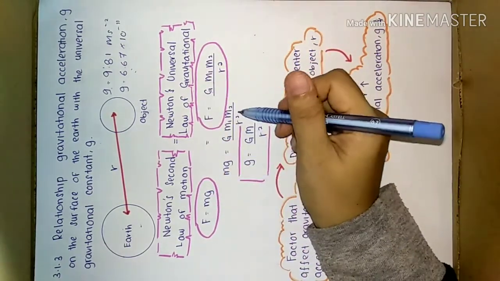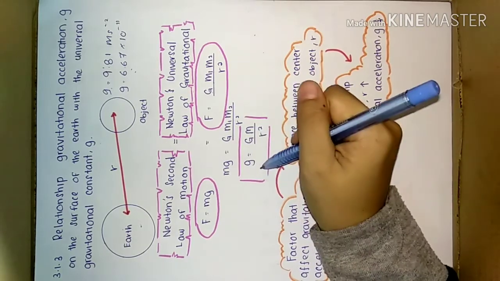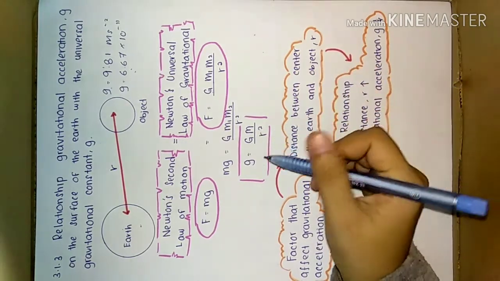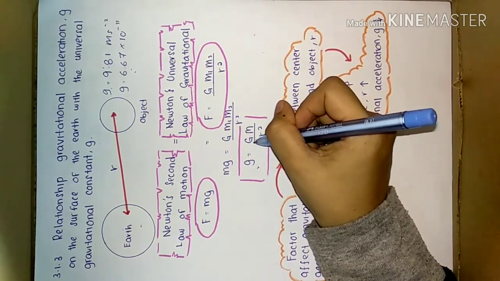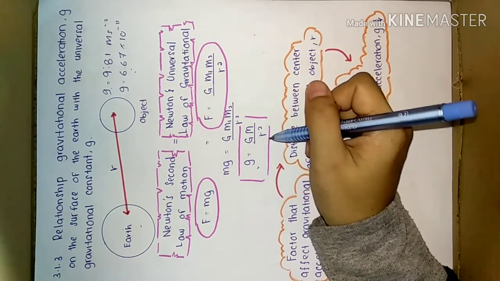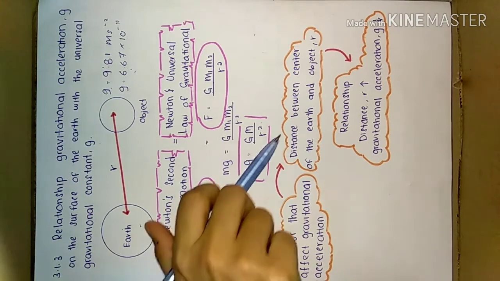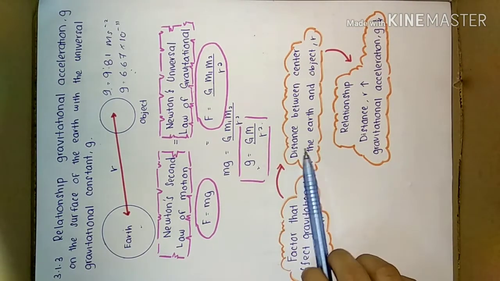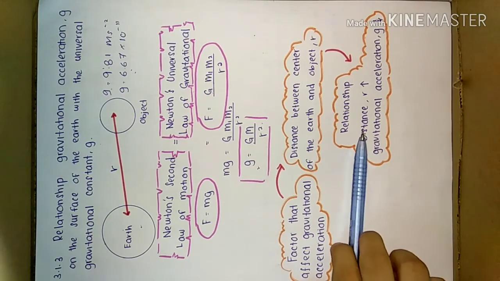Equating the two, mg equals G m1 m2 over r squared. So we get g equals G M, where M is the mass, over r squared. This gravitational acceleration equals the gravitational constant multiplied by the mass over the distance squared. The factor that affects gravitational acceleration is the distance between the center of Earth and the object, r.